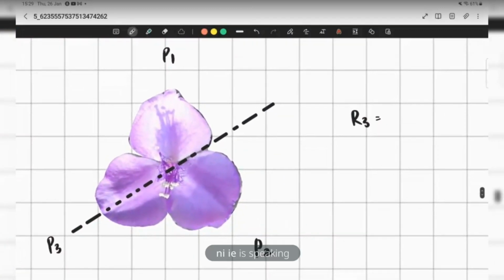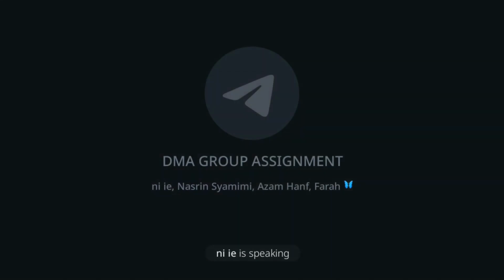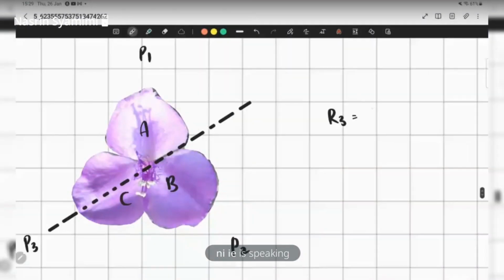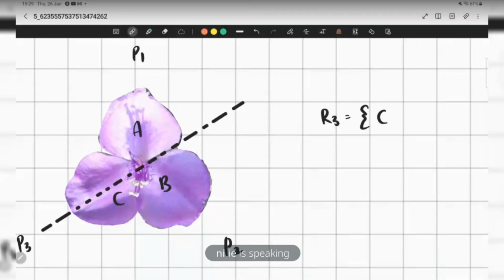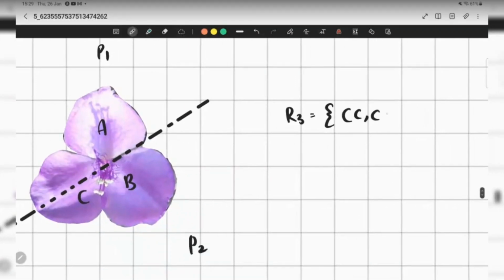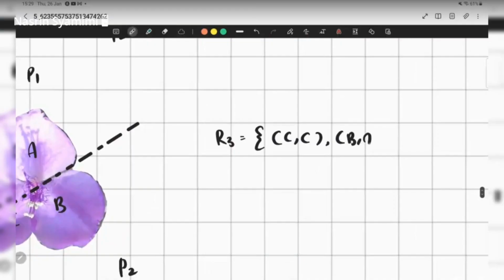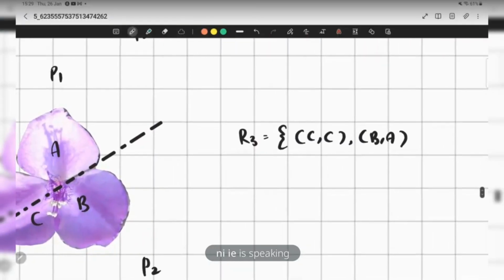And for the third part, it's the same. We will use A, B, and C for each petal. For the line, when we fold it, we can see that C meets C, B meets A, and A petal meets B petal.